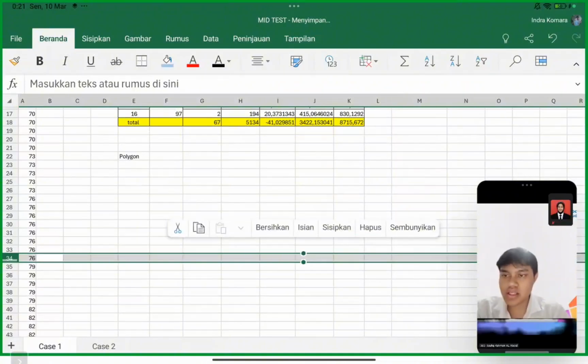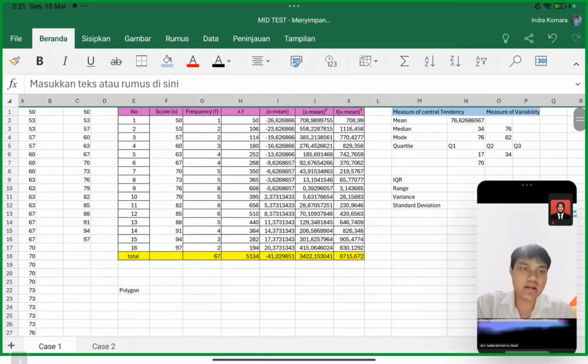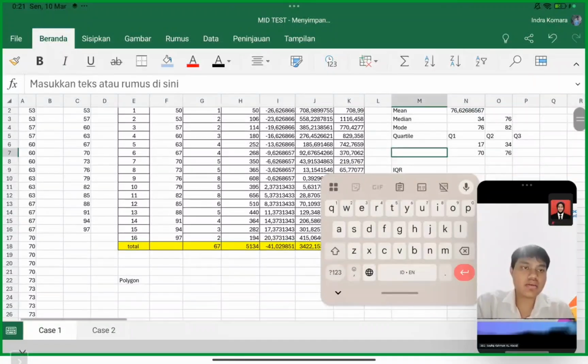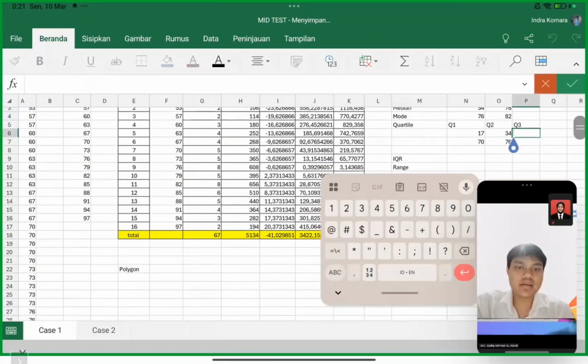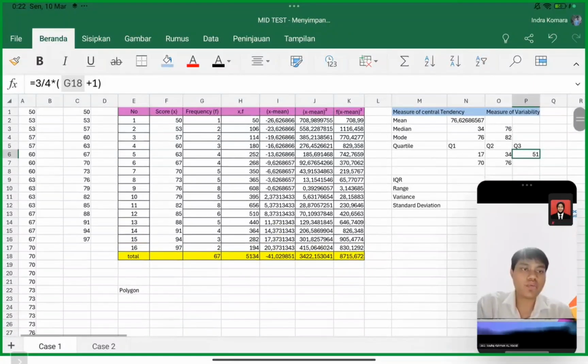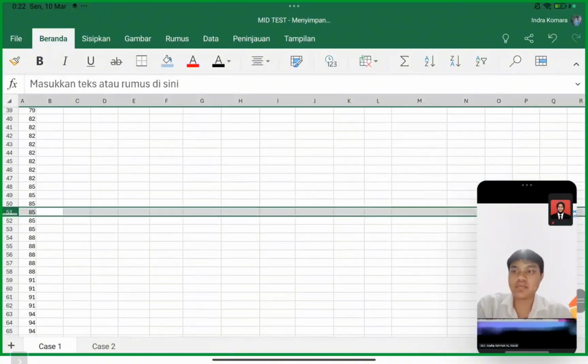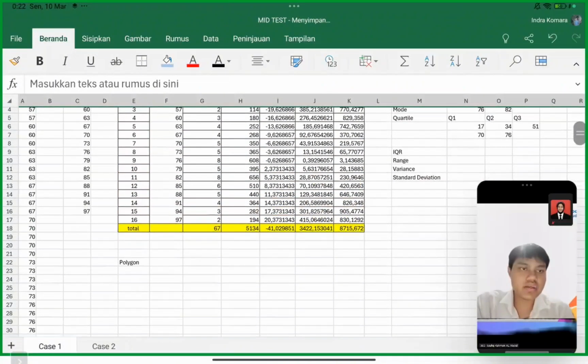So the data is 76. Yeah, same as the median, 76. Okay, now we calculate the quartile 3. Quartile 3 is the same, 3 per 4 times the total frequency plus 1. Right, 51. So 51 is here, right? 85. So the quartile 3 is 85.